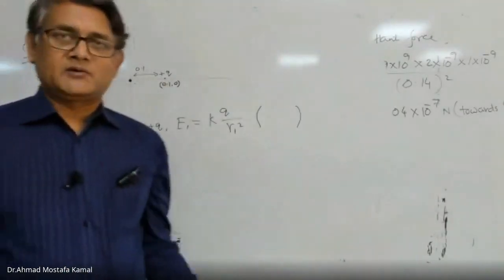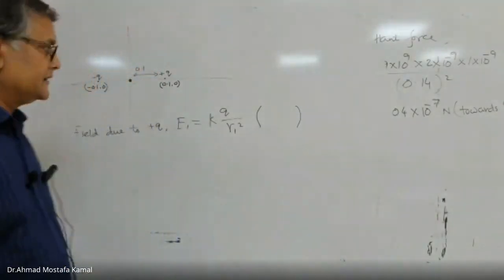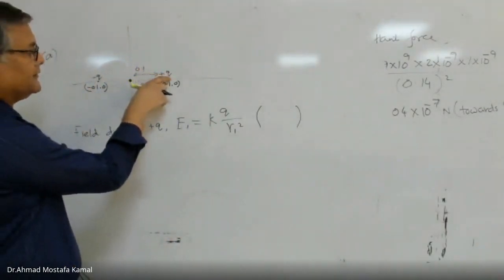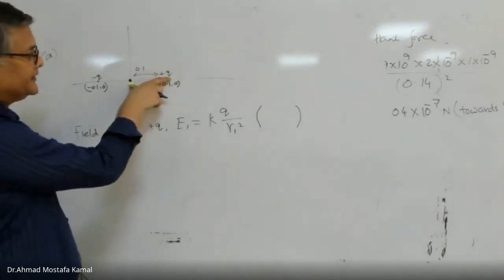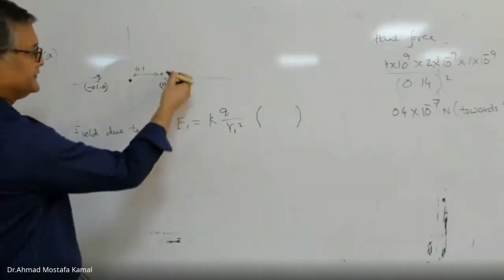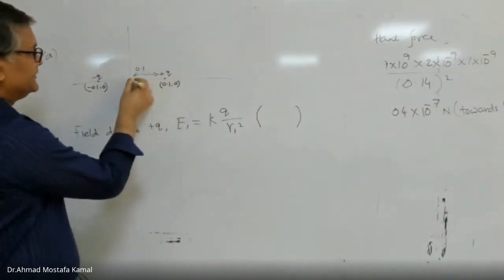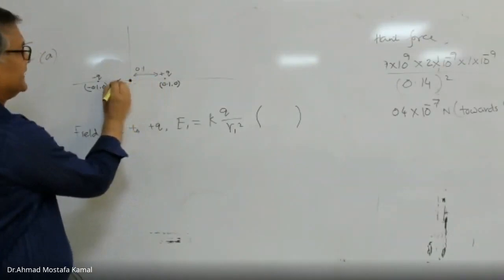We have done this before once, 1 coulomb positive charge. So if there is 1 coulomb positive charge and here you have another positive charge, what type of force between them? So, repulsion.